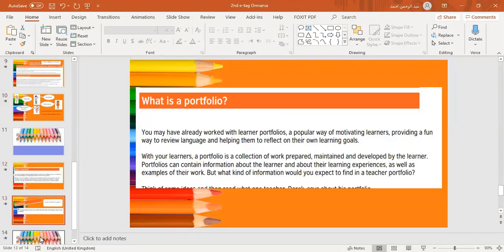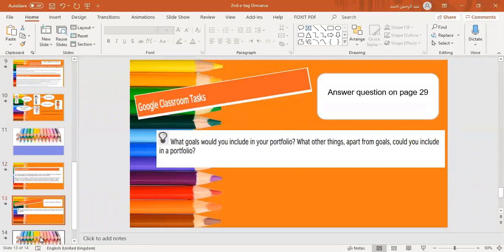Here is the question. Answer the question on page 29 in your main book, journal book. Answer it on the Google Classroom task. I'll ask you this question again on Google Classroom. What goals would you include in your portfolio as a teacher? If you collect your work in a portfolio, what will you put as goals in your portfolio?